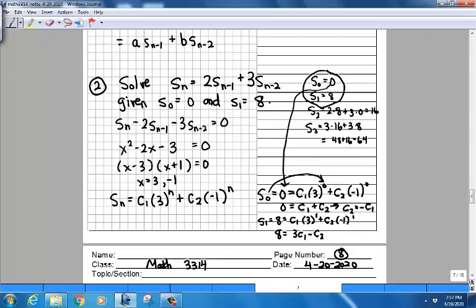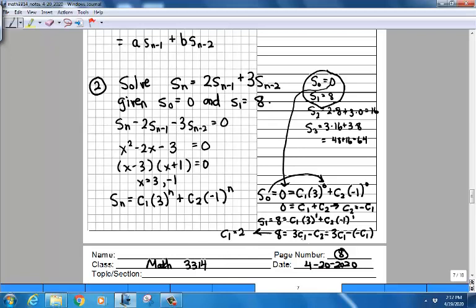But C2 is minus C1, so now I'm in business here, right? This is 3C1 minus a minus C1, because C2 is negative C1. So it looks like 4C1 is equal to 8, which tells me that C1 is equal to 2.